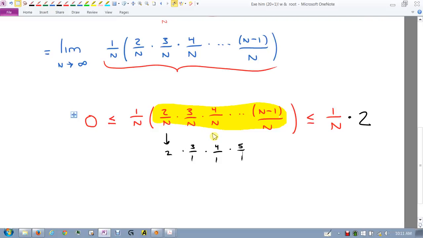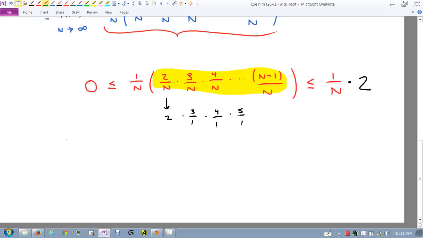Understand? So I'm trying to see whether or not we can say that this inequality is true, because what we're trying to set up is what is referred to as the squeeze theorem. Do y'all remember the squeeze theorem from Cal 1?